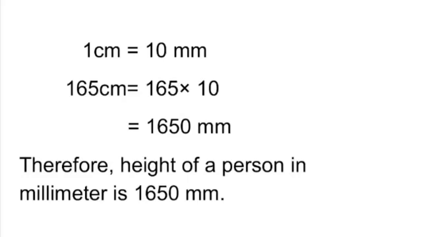So therefore, height of a person in millimeter is 1650 millimeter. Okay. So learn this, that 1 centimeter is equal to 10 millimeter. So in this way we can convert centimeter into millimeter.